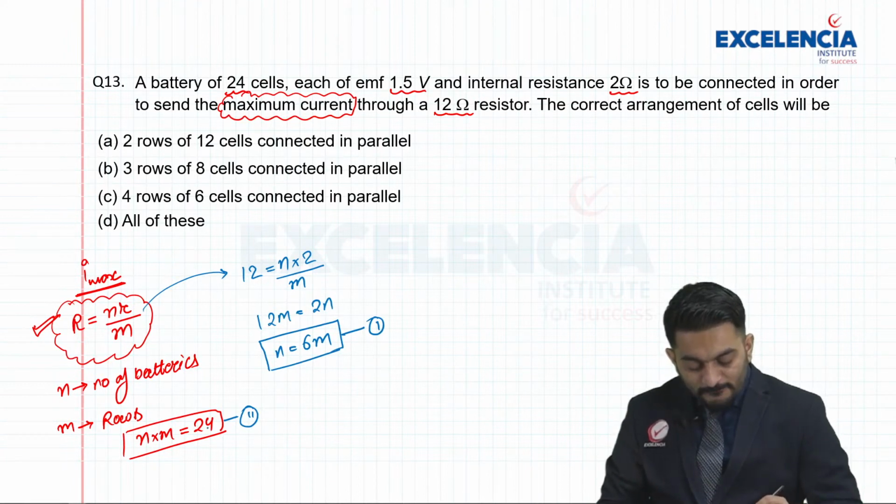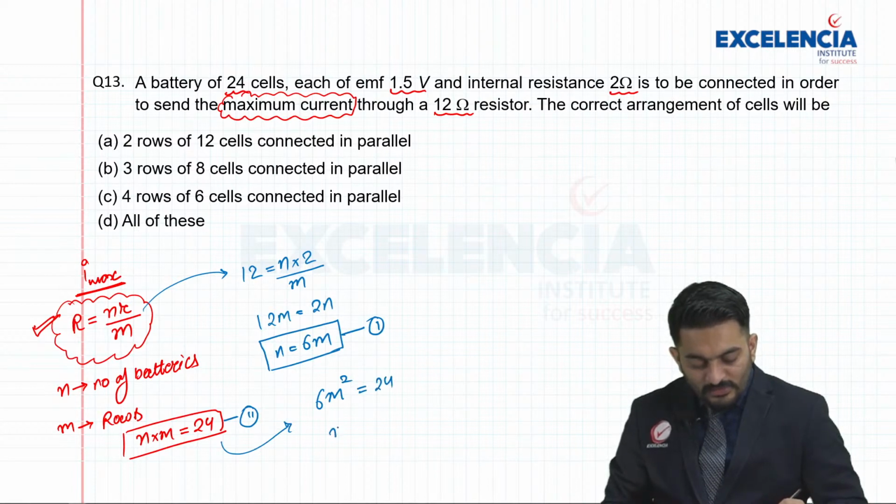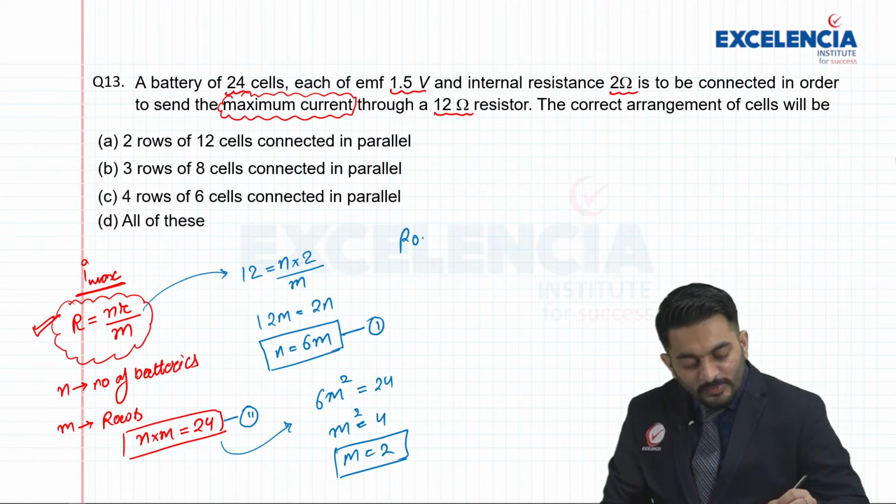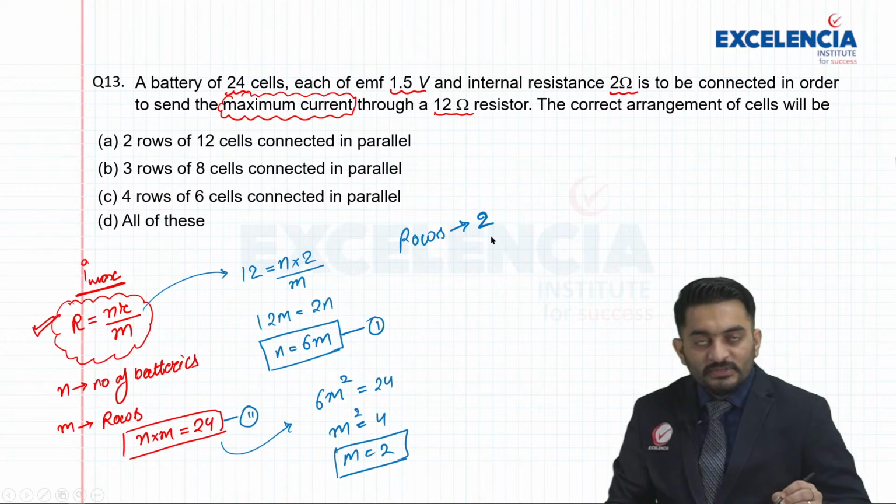So if you see, n equals 6m, so if I use it over here, n equals 6m squared, this is 24, that means the value of m is going to be 2. Guys, I think you have an idea that the number of rows which we require is 2 rows.